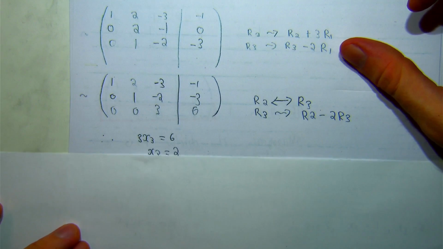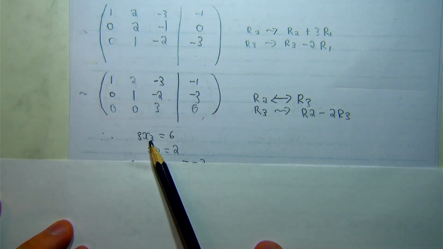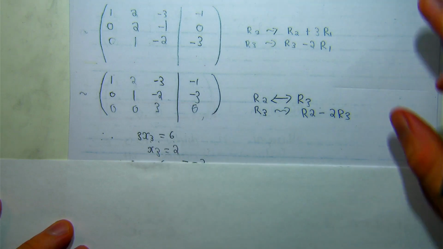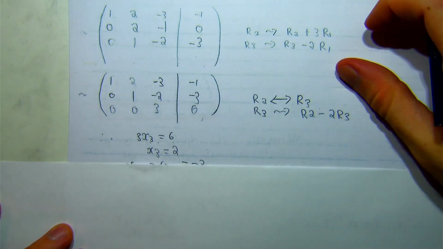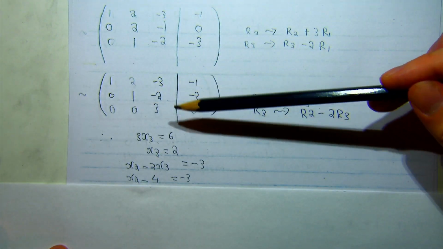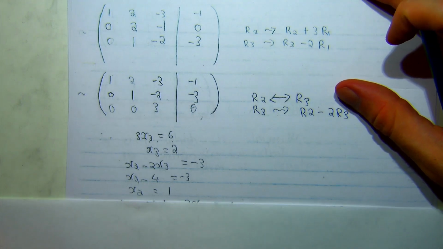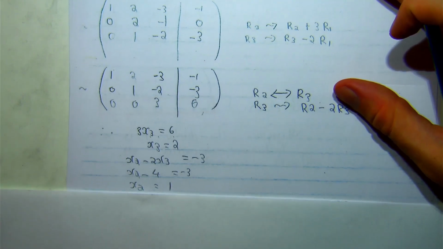We can work out what the variables are. This tells us that 3x3 is equal to 6, so clearly x3 is equal to 2. Plugging that into the next equation tells us that x2 minus 4 is equal to minus 3, so clearly x2 is equal to 1.